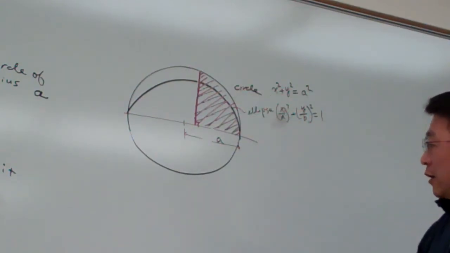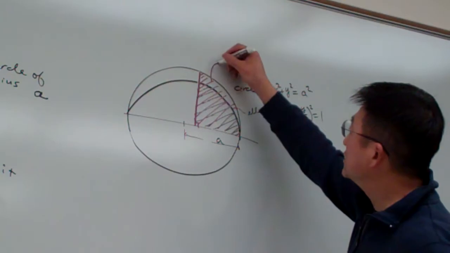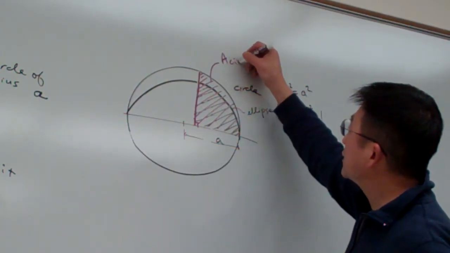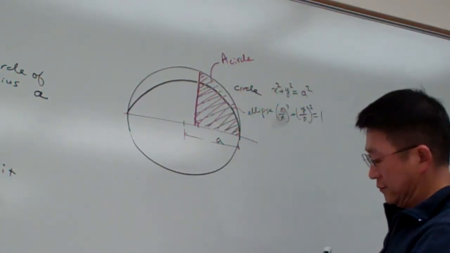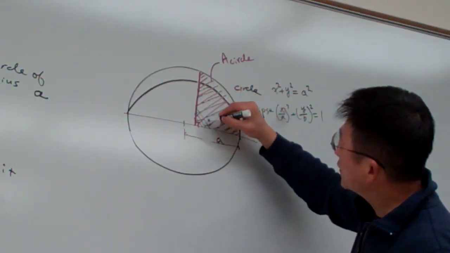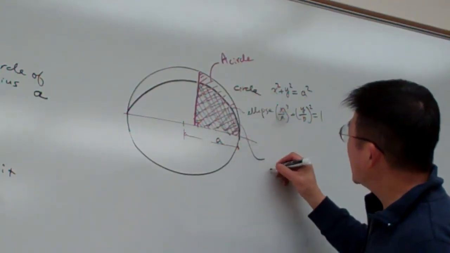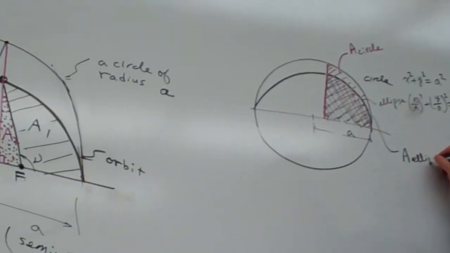The ratio of the two areas: let me say this is the area corresponding to the circle, and this area divided by the area here, let me highlight this one, is the area corresponding to the ellipse.